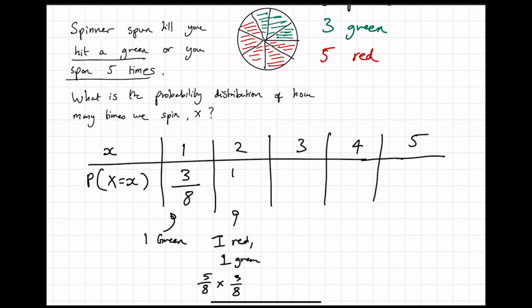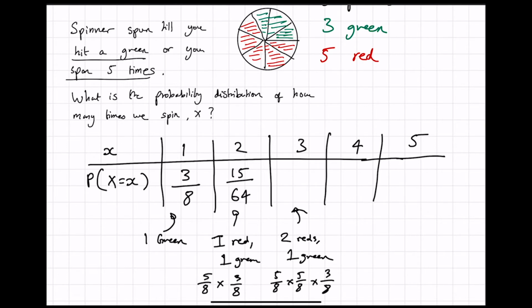So then we have a 15 over 64 chance. Next, what's the chance of getting 3? For 3, you have to have 2 reds followed by 1 green. So we get 1 red times another red times 1 green, which will give us that.